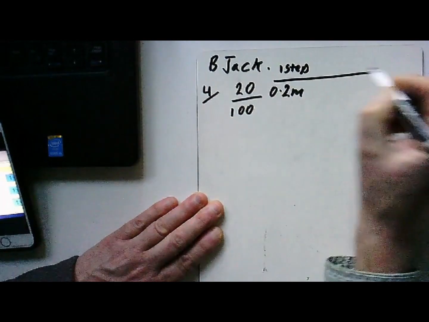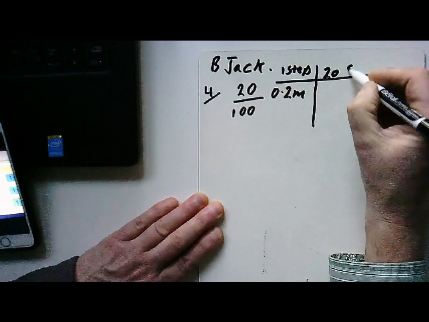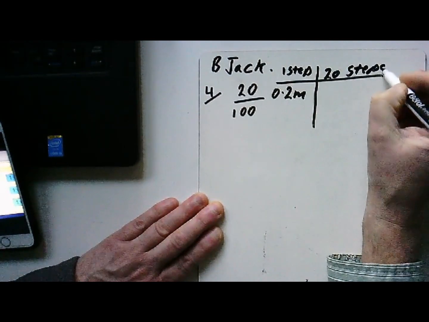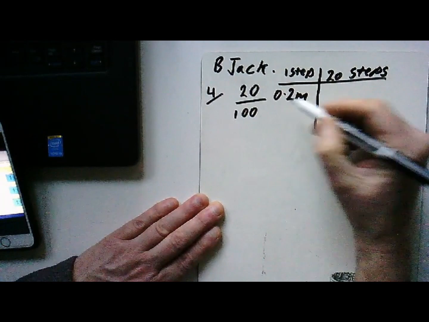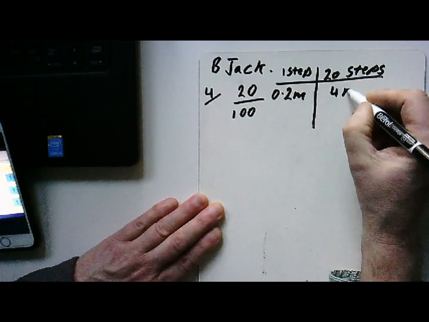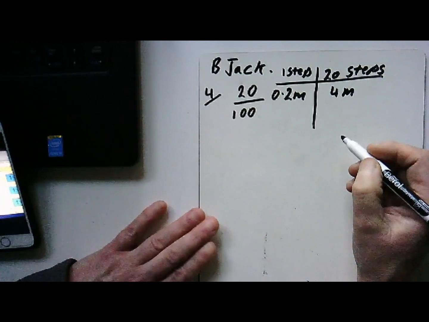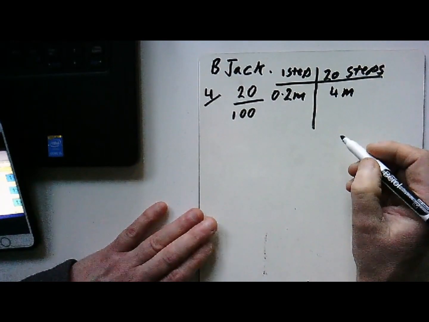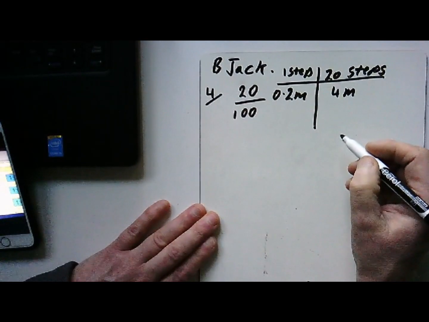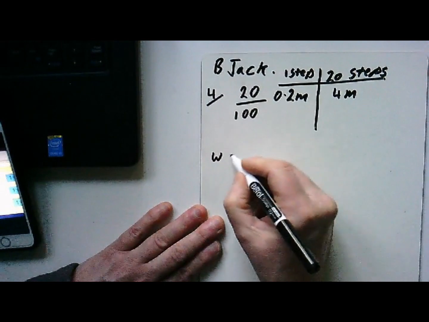Now the question says eventually that Jack is going to climb 20 steps. So I'm just going to set myself up at this point and multiply 0.2 by 20, and that would mean that Jack had climbed 4 metres in total for the one part of the calculation. Okay, so let's go now for the first calculation, which is about a single step. Let's put the equation down.